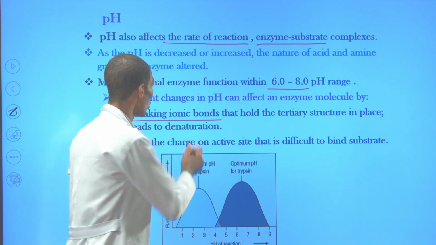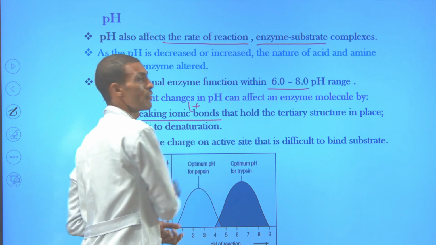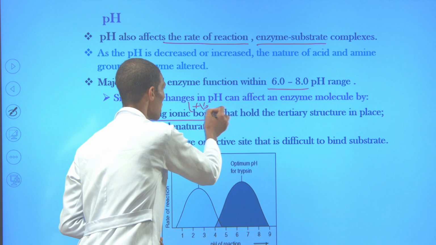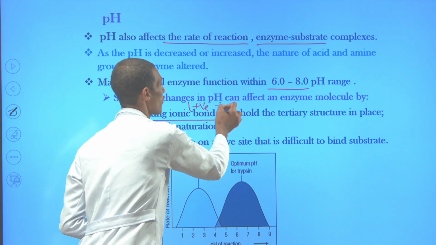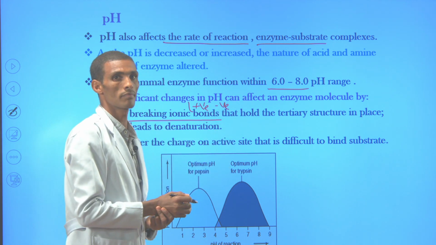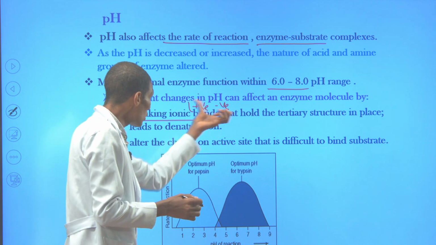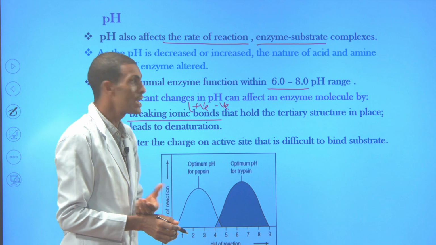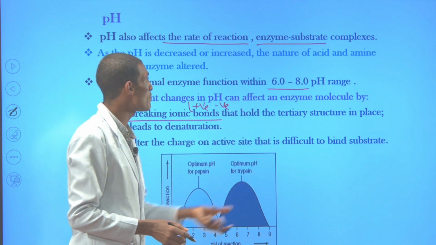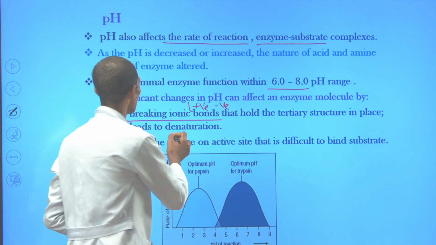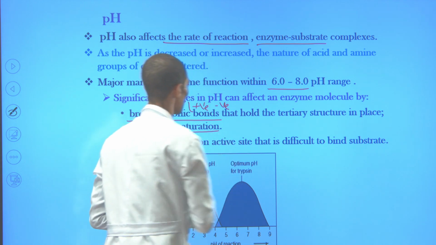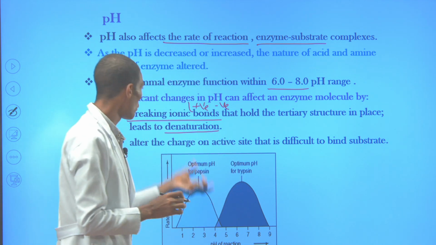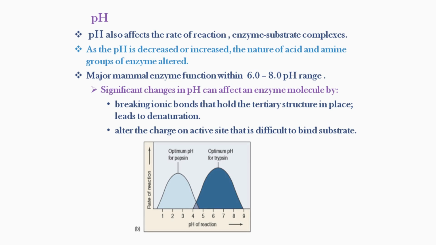This ionic bond is between a positive R side chain and a negative R side chain. By breaking the bond that holds them together, the enzyme no longer catalyzes the reaction. If the bond that holds them breaks down, the enzyme becomes denatured. Upon denaturation, there is no more catalysis and no more speeding up of the rate of the reaction.